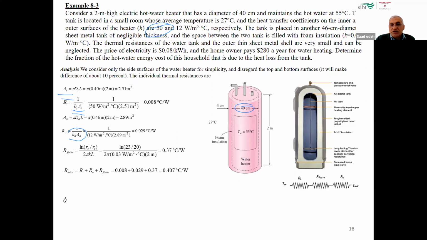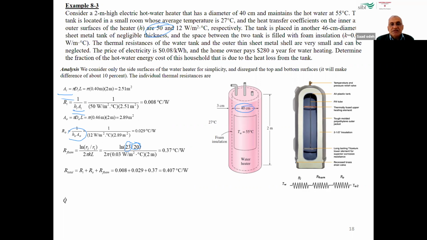And then the last one is the conduction resistance. So we take the conduction equation for cylinders: ln of R2, the outer radius, divided by R1, the inner radius, over 2 pi k L. If you divide 40 by 2, it will be 20, so the inner radius is 20.